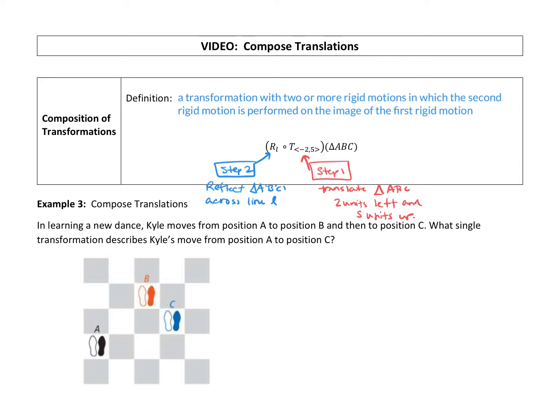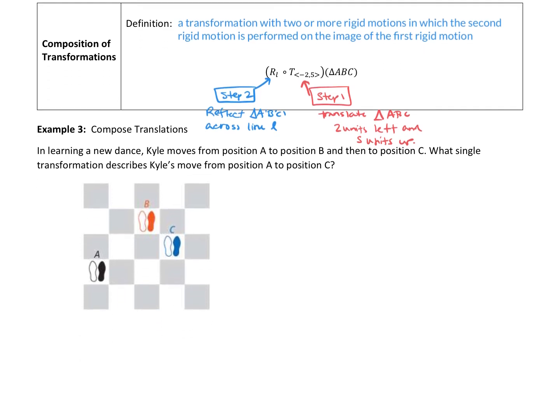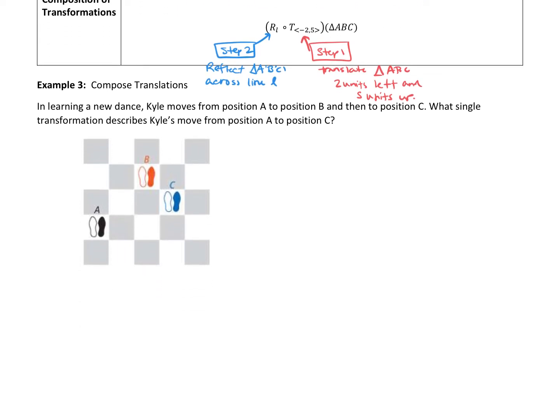Okay, so let's take a look at our first example. It says, in learning a new dance, Kyle moves from position A to position B, and then to position C. What single transformation describes Kyle's move from position A to position C? So we can see it as two separate ones.